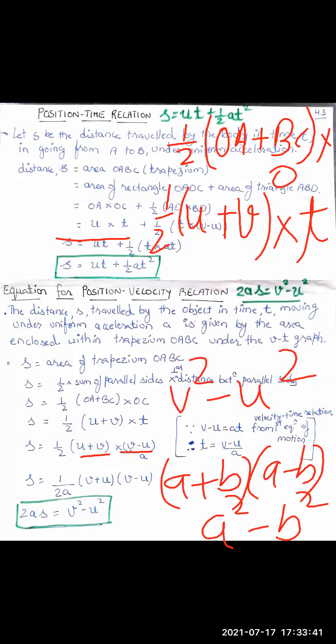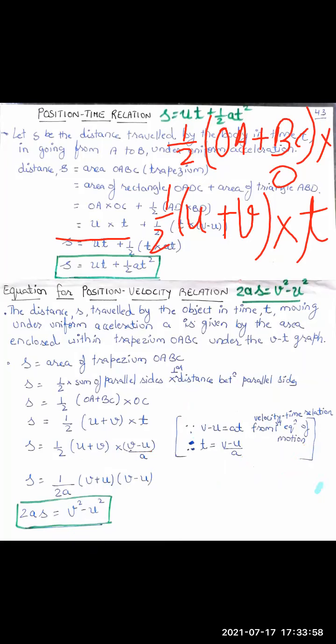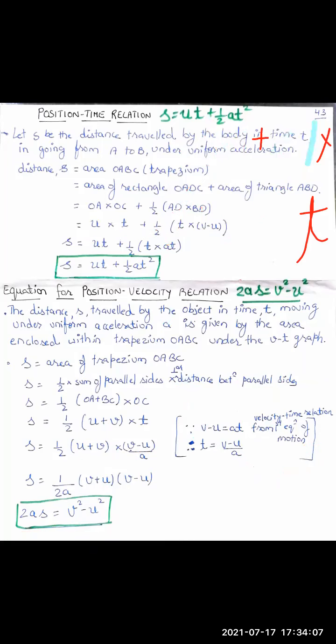So that is V square minus U square upon 2A. This 2A, we are sending with S, as it is in division, it will go to the other side in multiplication, and you will have the final equation, 2AS equals V square minus U square. So children, these are your 3 equations of motion and their derivation. Okay, children?